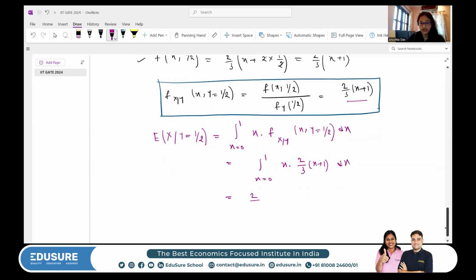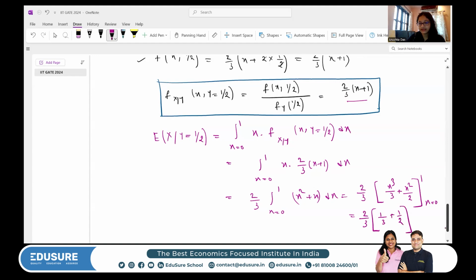Simply take this 2/3 out. x is from 0 to 1, and here you have x squared plus x dx. So this is 2/3. And if you integrate this, this will be x cubed by 3 plus x squared by 2. And then you have to apply this range. Put 1, so 1/3 plus half, minus this will be 0.